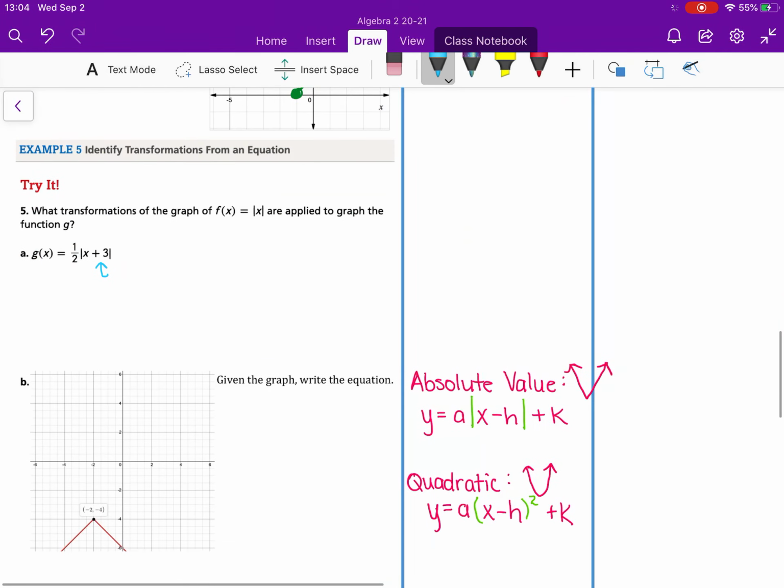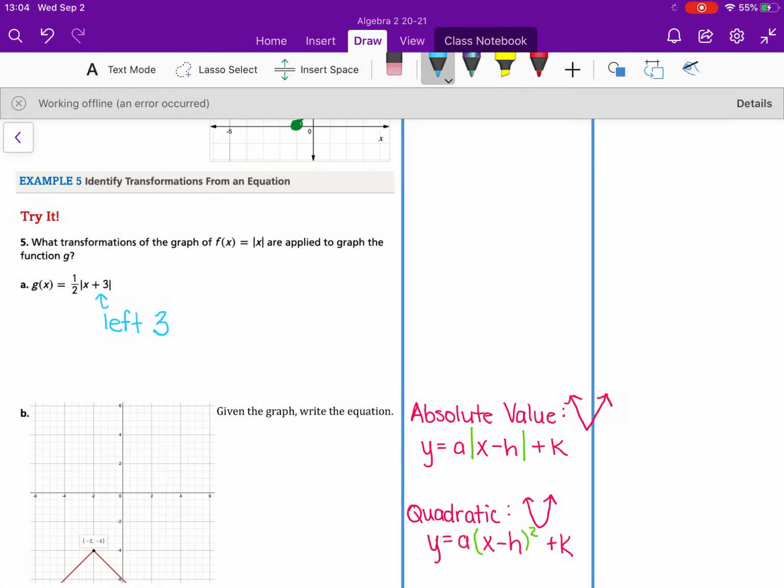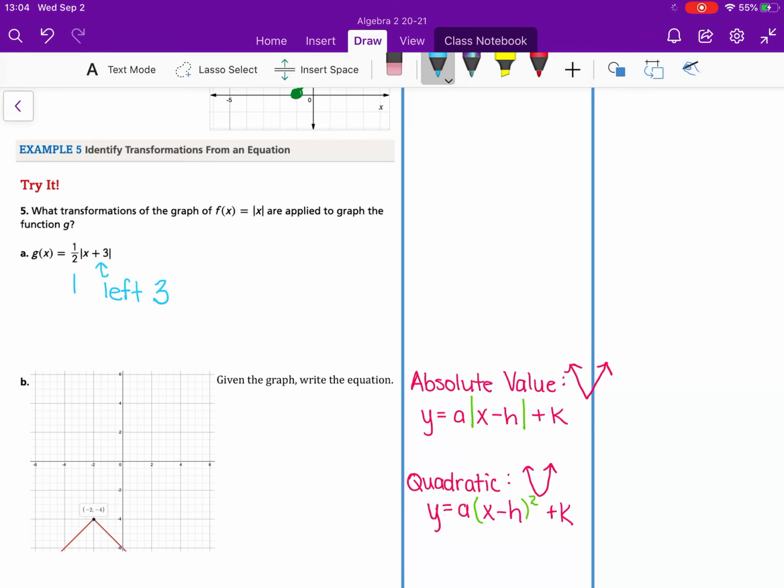So those are the easiest ones. So left 3. And then if I have a number on the very outside, that is a vertical stretch.